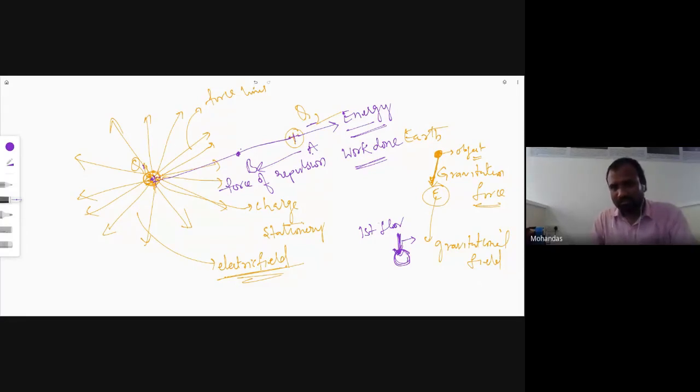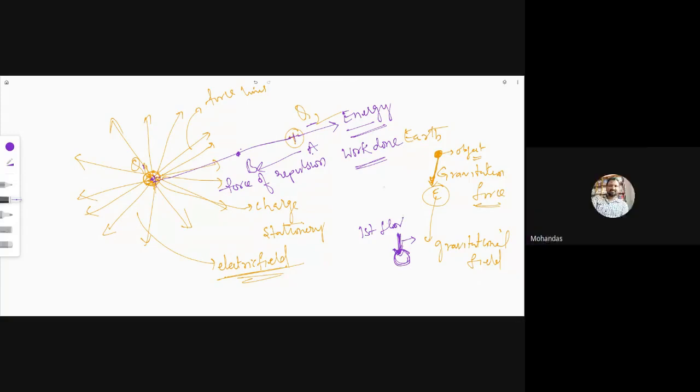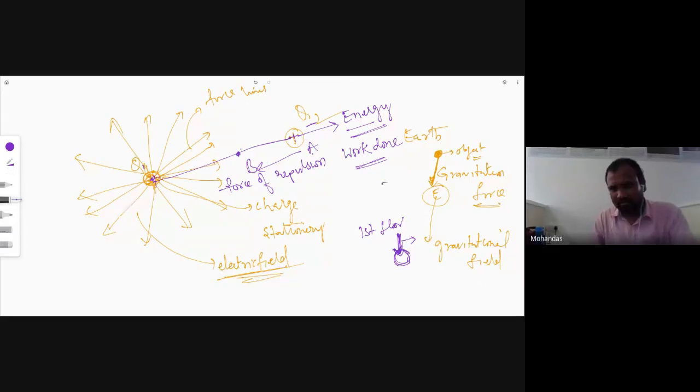Suppose you want to throw a pen from the first floor to, let us say, the third floor. If you leave the pen, it will move towards the earth.